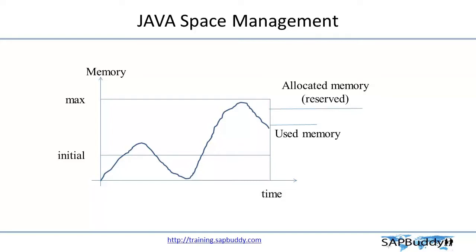Memory management inside Java is a little bit easier than ABAP, as far as I am concerned. However, we need to understand the basic concept behind this memory management, because once you start configuring the system and your applications keep increasing, you need to understand the concept behind it.